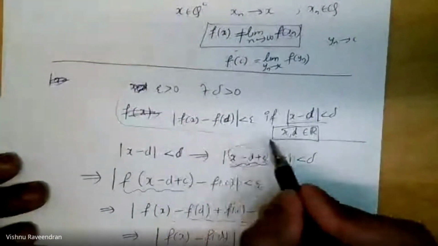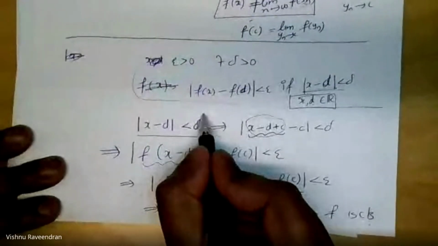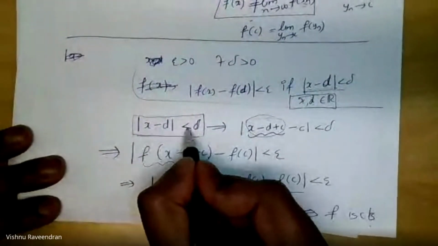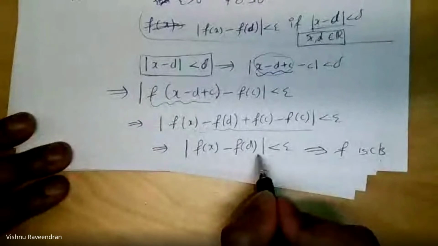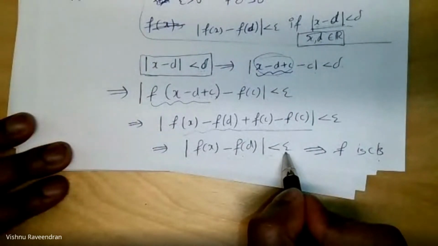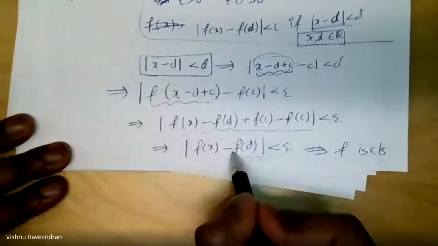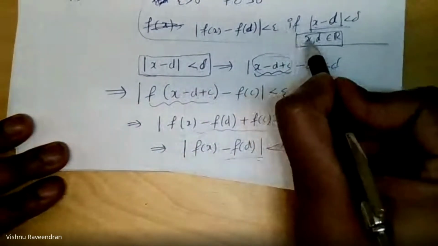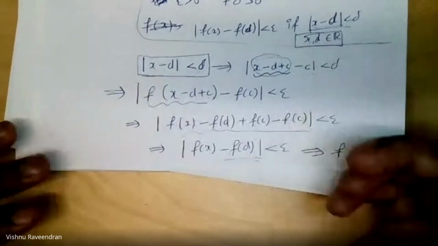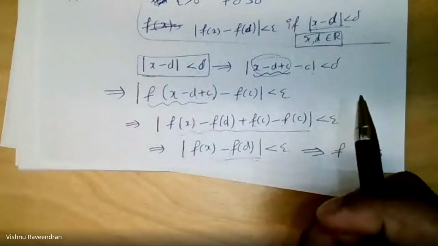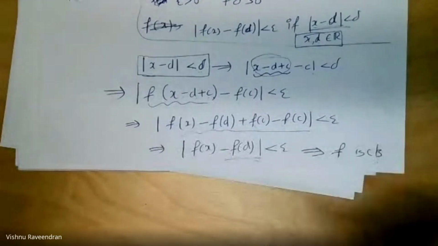Now what we're proving is that if |x - d| < delta, then |f(x) - f(d)| < epsilon. Got it now. So this implies that f is continuous at d also, and d is some random point, so any point in R. So it is continuous on whole R.